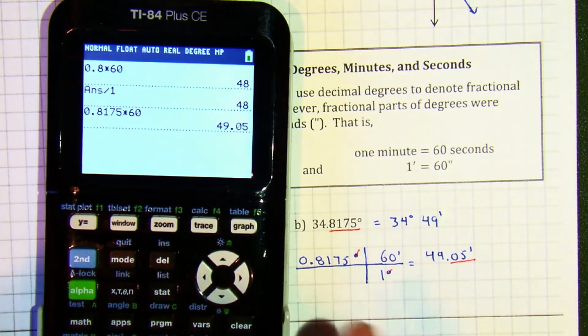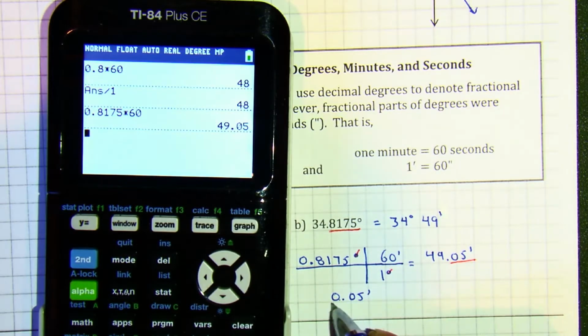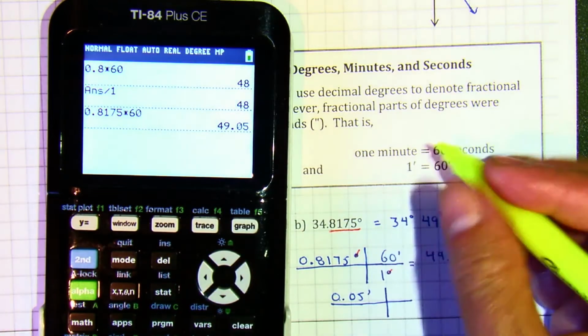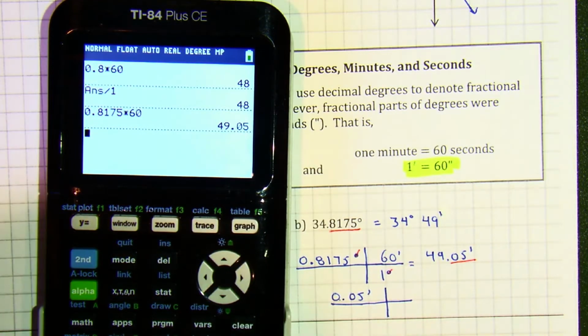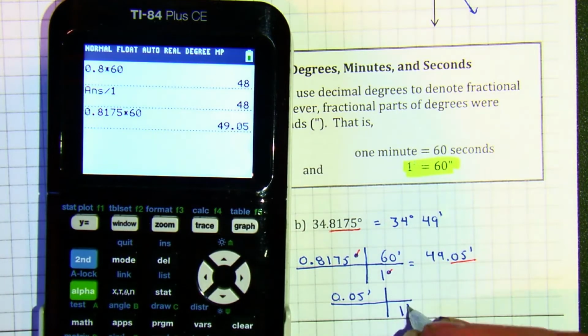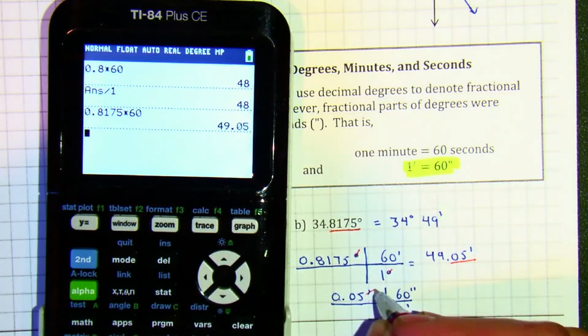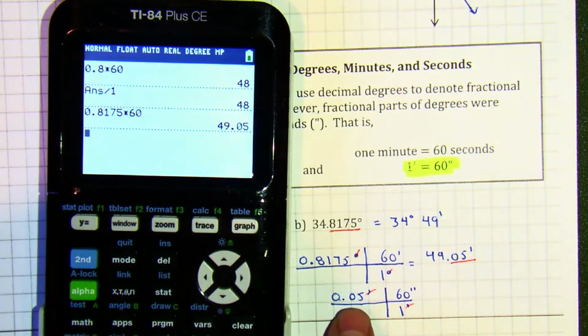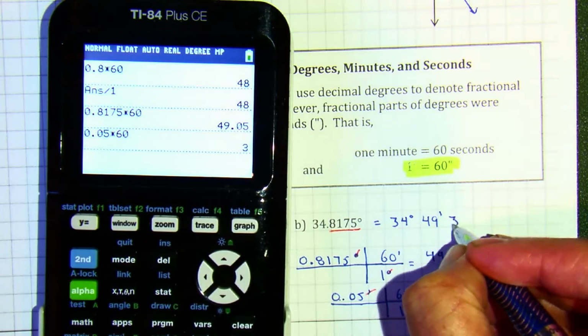I'm going to go through the same process. 0.05 minutes. I want to convert them into seconds. So therefore, I'm going to use the following equivalency. I know that 1 minute is equal to 60 seconds. My minutes is on my numerator, so therefore I'll place my minutes on my denominator, which is 1 minute is equal to 60 seconds. My minutes units cancel out, so therefore it will be 0.05 times 60 divided by 1, which is 0.05 times 60, and therefore that will be 3 seconds.